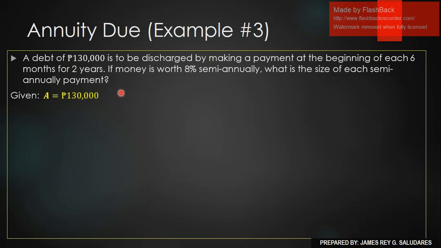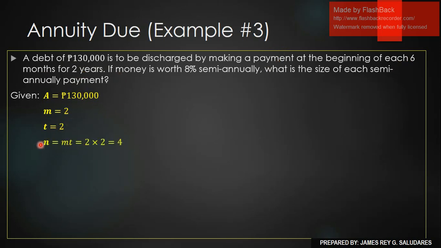Okay, so let's write all the given. The present value is 130,000. Since that is every 6 months, our M this time is 2. For 2 years, our time is 2 years.